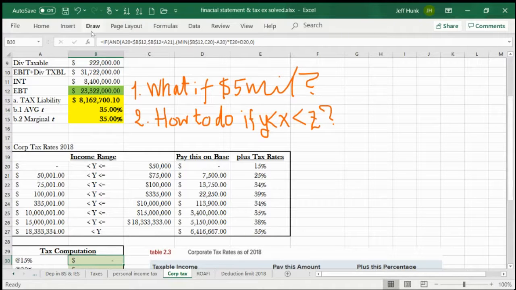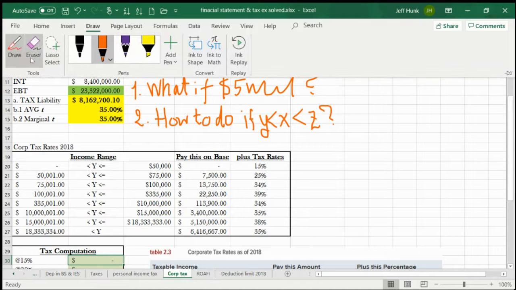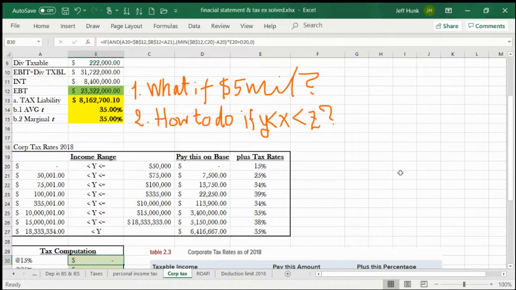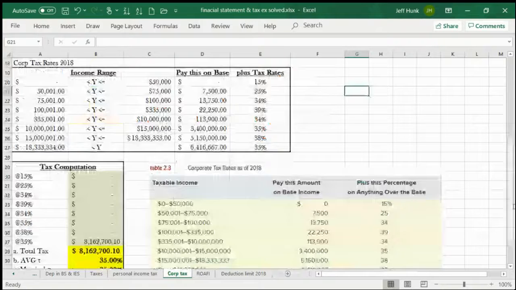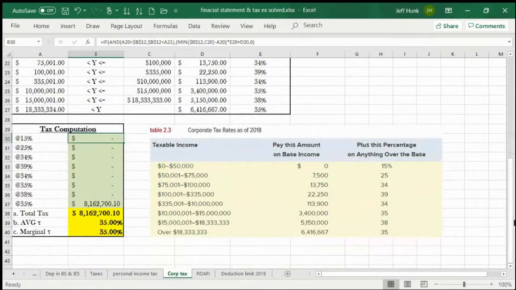Well, we can handle it by using IF and. What does that mean? Take a look at this.